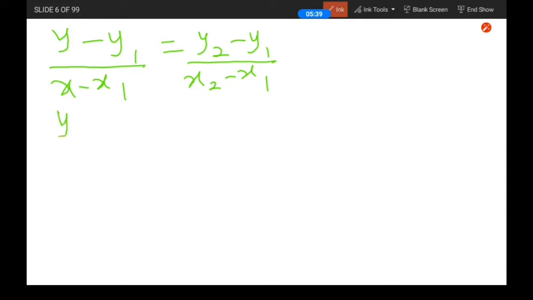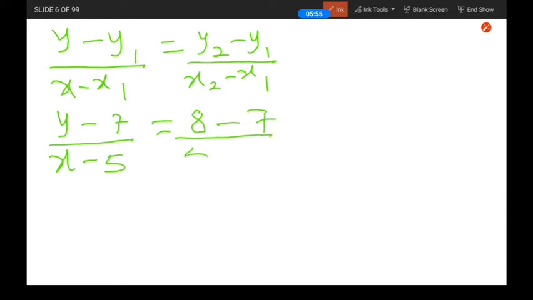We have our y1 as 7. You can go and check again. We have our x1 as 5, and our y2 as 8, y1 is 7, over x2, we have it as 4, then minus 5. So everything will now be y minus 7 over x minus 5 equals 8 minus 7, which is 1, over 4 minus 5.